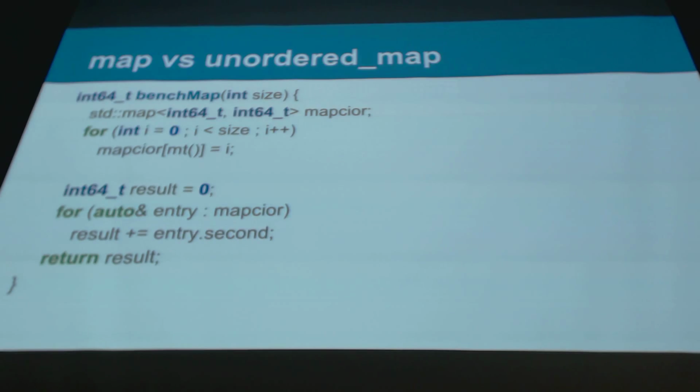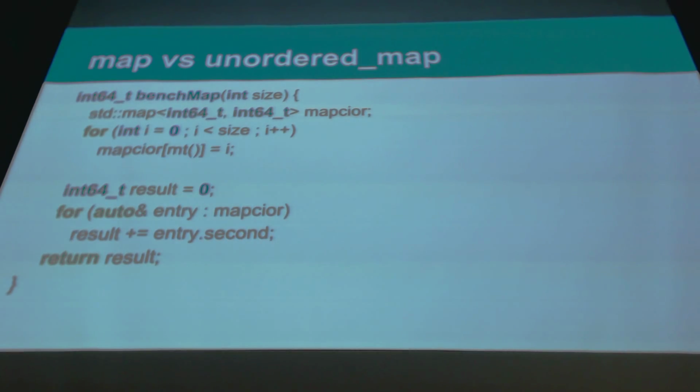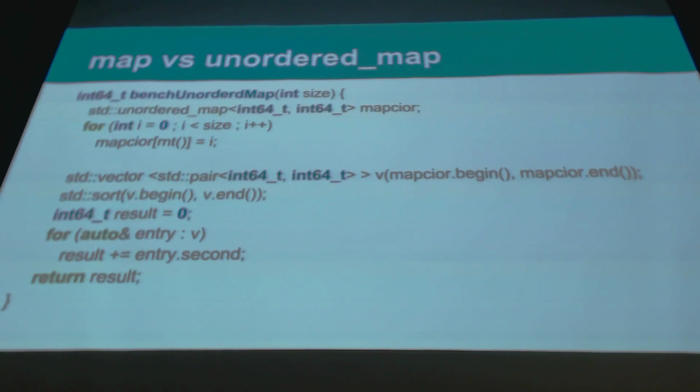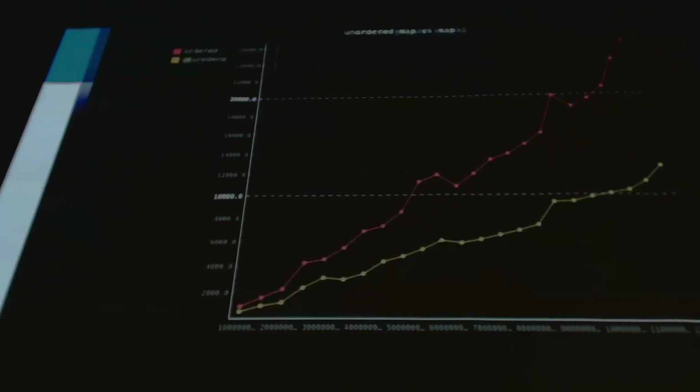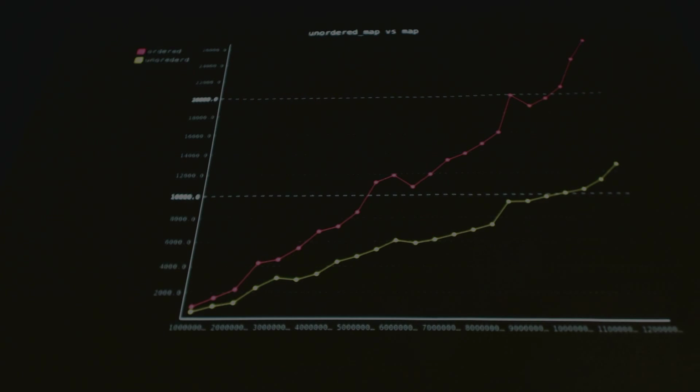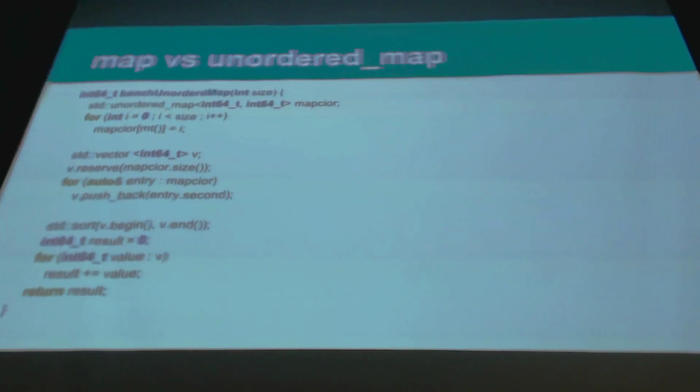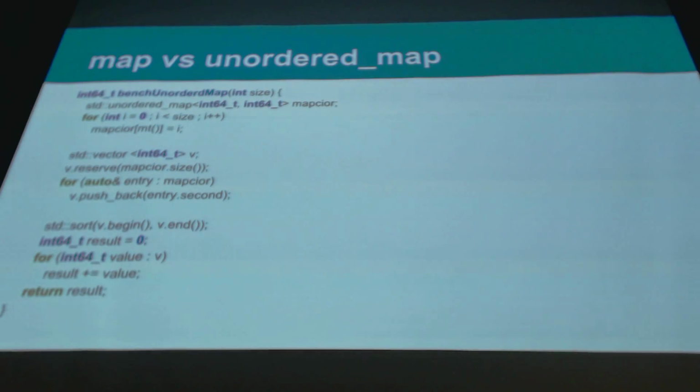The other thing, the same thing with map. So you have map and unordered map. Here we are making a vector of pairs and sorting it, and we'll get the same result. But we can do much better, because in many cases, instead of having the whole thing, the key and the value, we can just take the thing that matters to us.